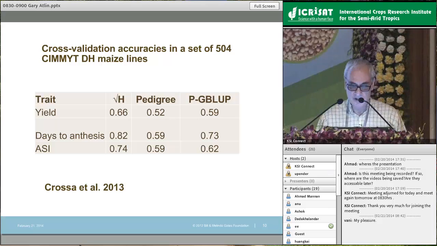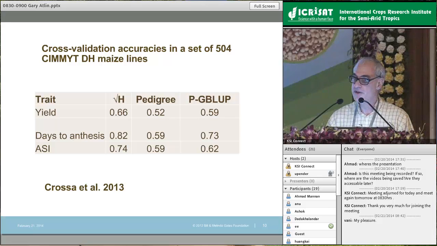This gives you an idea of the additional value of adding the marker information to good pedigree information in predicting a number of traits. This is one of the best examples of this type of experiment on genomic prediction accuracy that has a proper control, that is, control against the accuracy of using the pedigree alone. There is a benefit, but it's relatively marginal, and getting the pedigree information into breeding applications is clearly important.